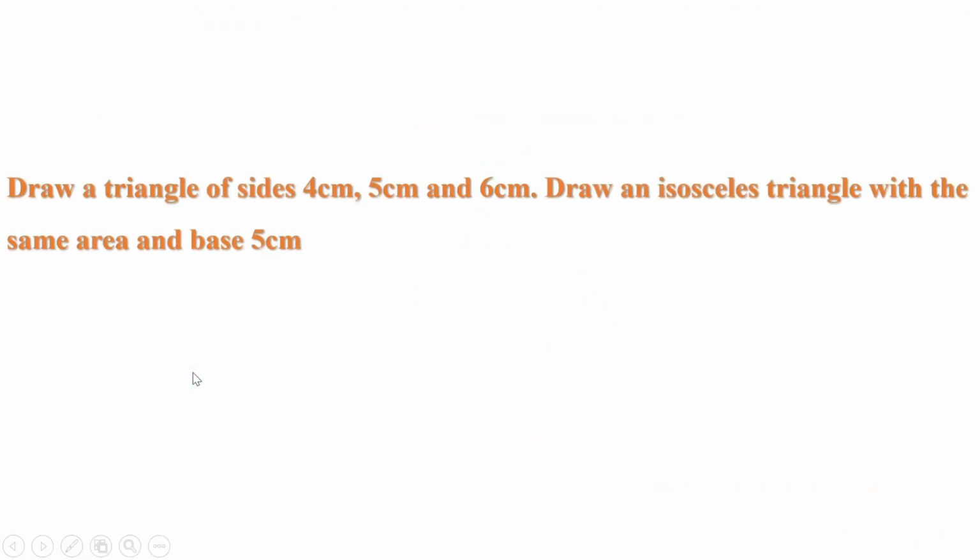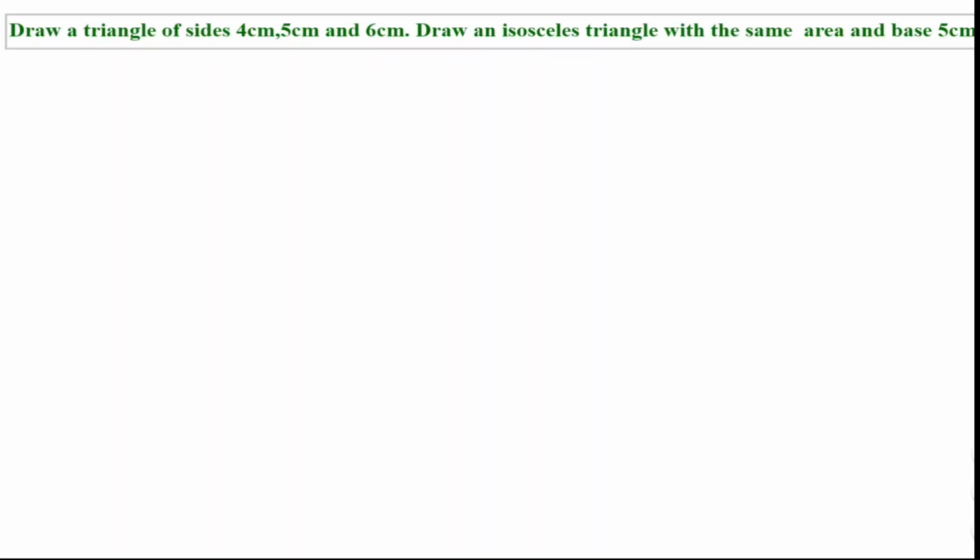Now another problem. Draw a triangle of sides 4 cm, 5 cm and 6 cm. Draw an isosceles triangle with the same area and base 5 cm. Same triangle, only difference is that we have to make an isosceles triangle with base 5 cm. First of all, we have to draw the triangle, and you know how to draw the triangle.